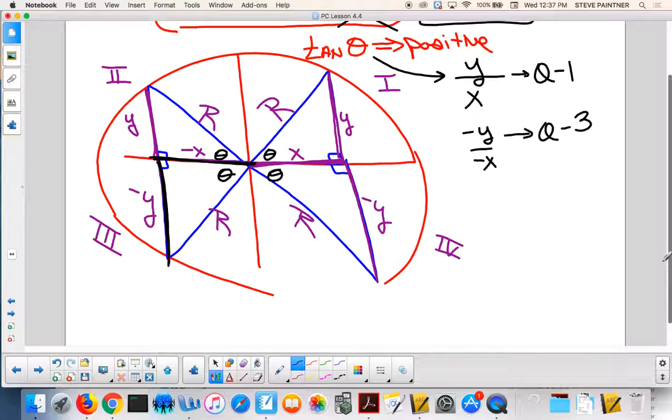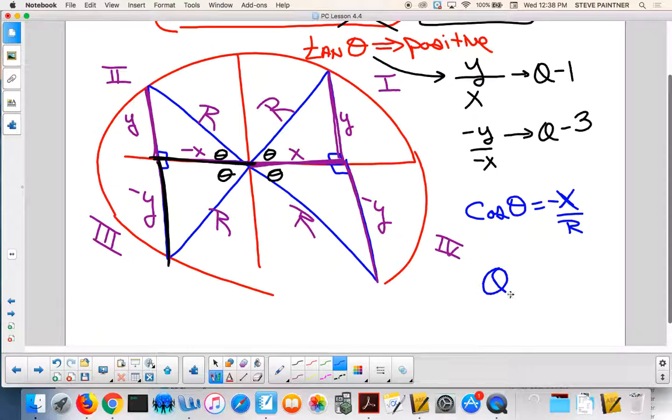Cosine will be negative. First of all, what is cosine again? X over r. For it to be negative, wouldn't the x value have to be negative? You'd have to have this look, wouldn't you? Well, where are you going to find negative x over r? Which quadrant? 2 and 3.